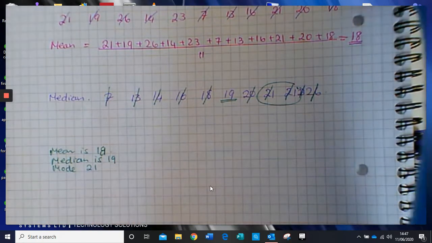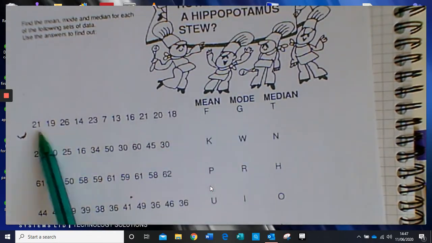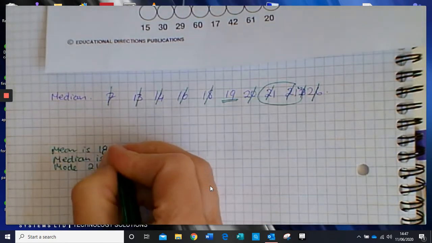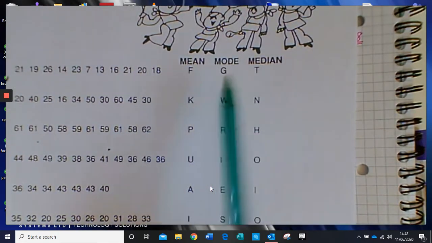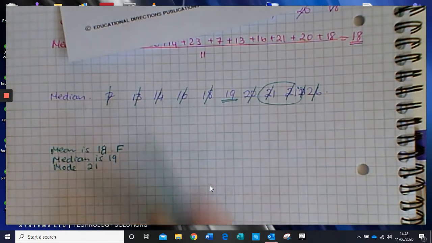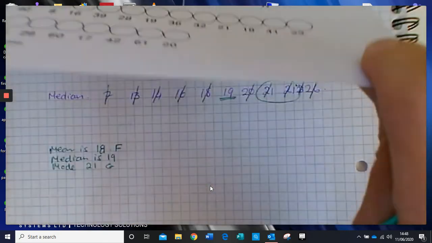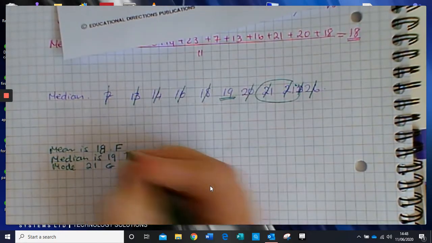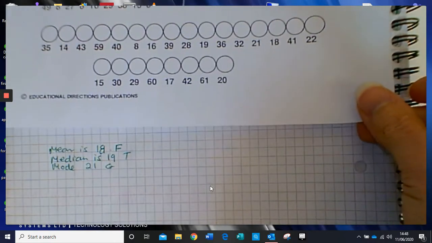So now I'm going to have a look over here. For this set of data, the mean is the letter F. So the mean is F. The mode is G. Mode, it'll be G. And 19, which is our median, will be a T. 19 is T. Now that I've got that information, I'm going to go to the bottom of my worksheet.